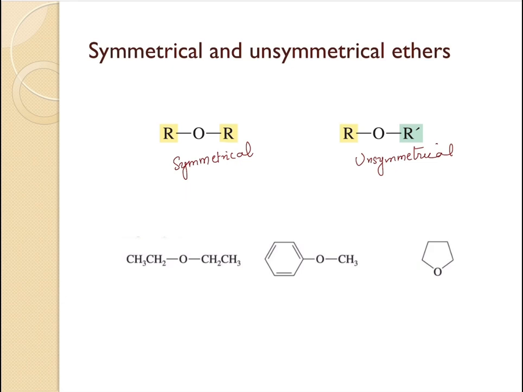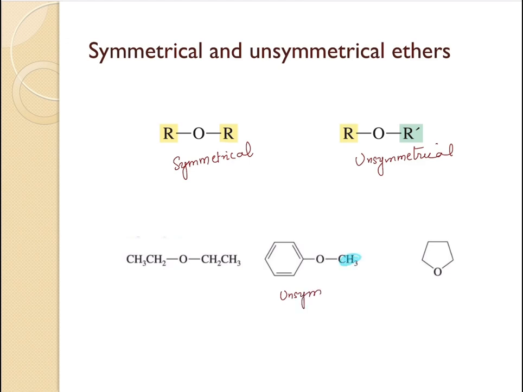Now let's do some examples here. Let's go on to the very first example. Is that a symmetrical ether or an unsymmetrical ether? Okay, so you have two ethyl groups, one on each side, and therefore this is definitely a symmetrical ether. So this is called diethyl ether. And here, this is going to be an unsymmetrical ether because you have two different groups on it.